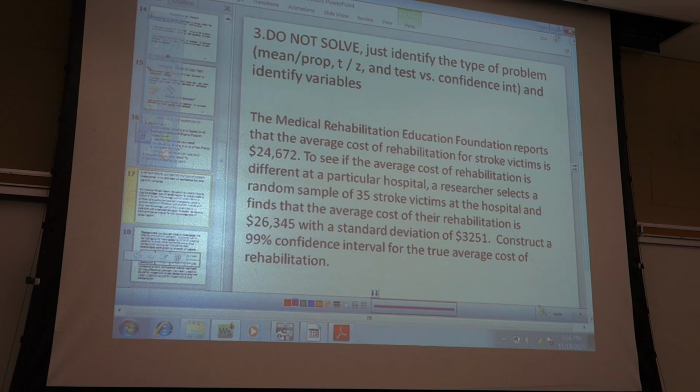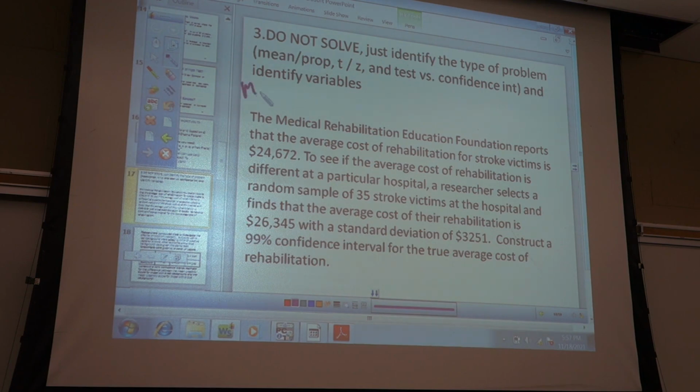Great, thank you. Okay, so everyone take 10 seconds with your neighbors and figure out if it's a mean, proportion, Z or T, confidence interval, hypothesis test. Okay, is it a mean or a proportion? Mean.